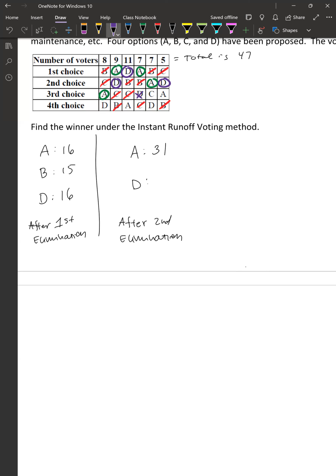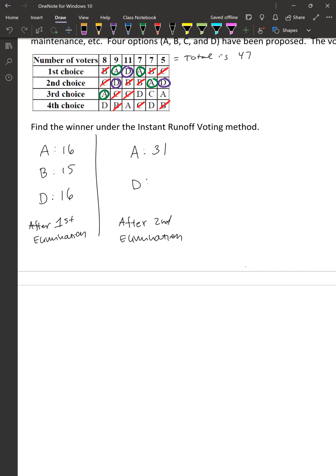So don't include that one. It should only be the 9, the 11, and the 5, because those are the only places where the D is above the A, which means they are first. So 9 plus 11 plus 5, and that's it.